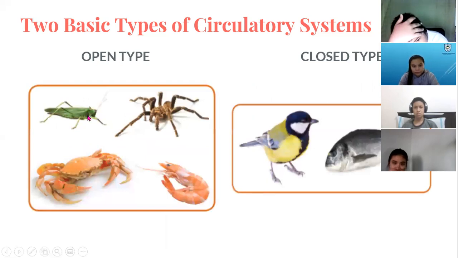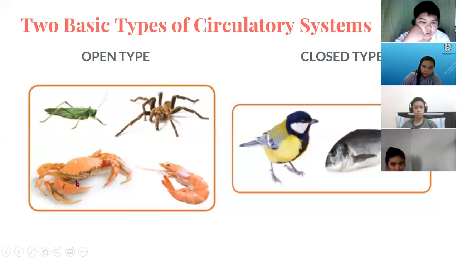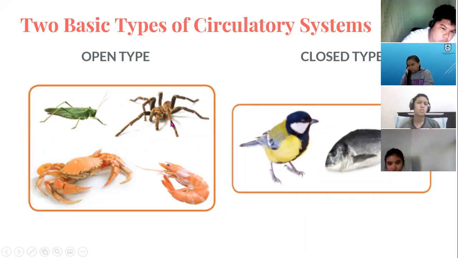We have the grasshopper, spider, crustacean such as crab, and shrimp. So yung kanilang hemolymph sa loob ng kanilang katawan, it is not enclosed by an artery and a vein. So as the hemolymph was pumped, it will go throughout directly to the body cavity.